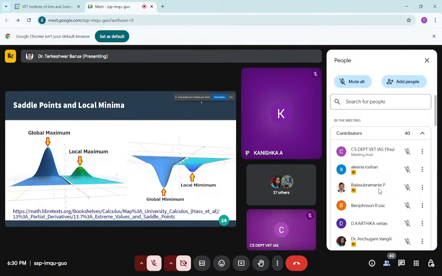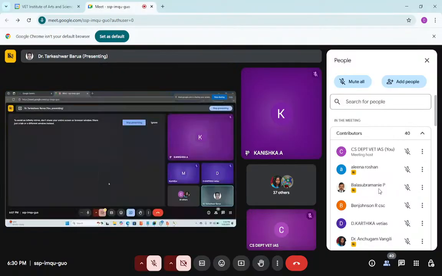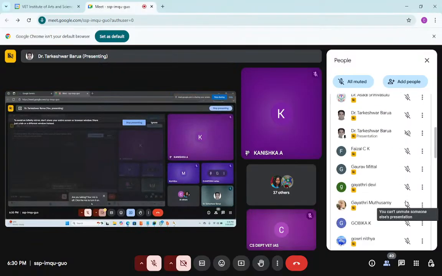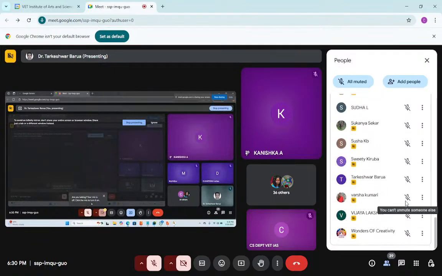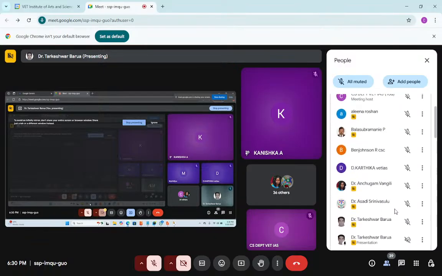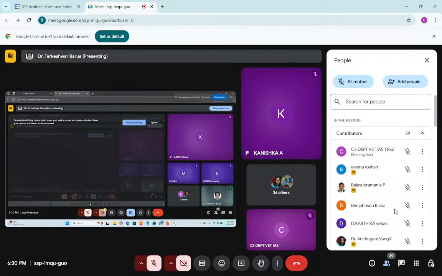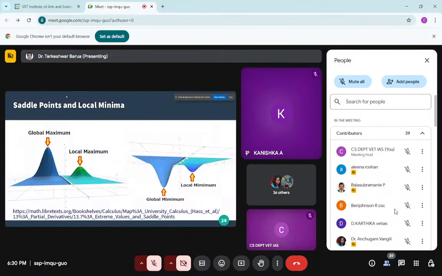So this is the global maximum and this is the local maximum.